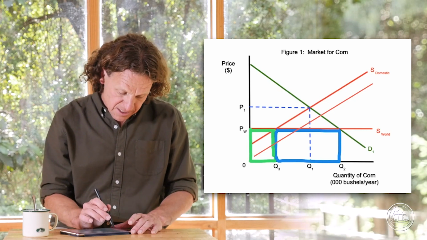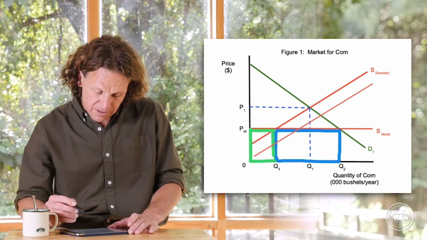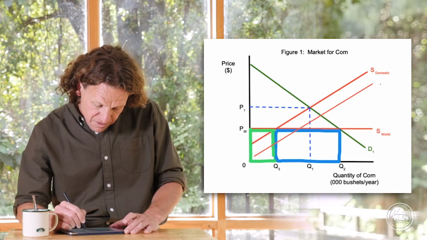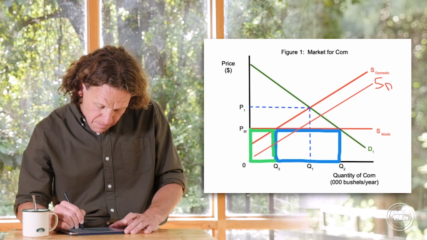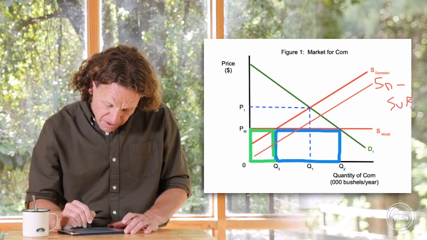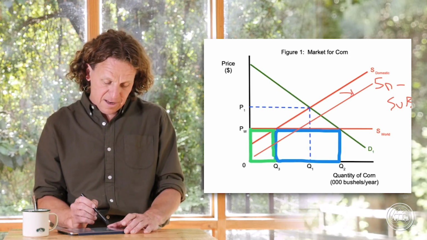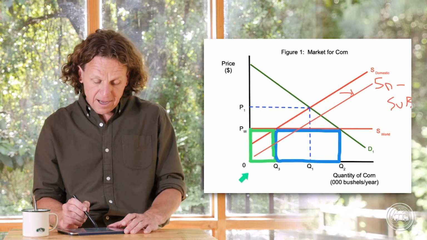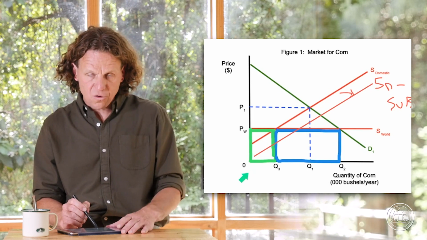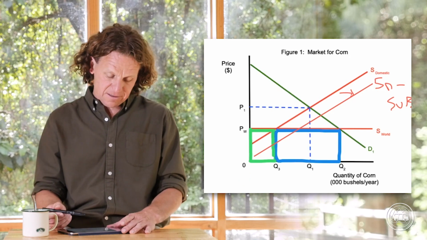So what happens? This then, and I have it, like the other videos, I'm going to clean this up in a little bit. But this is now going to be S domestic minus the subsidy, right? Because this is an outward movement of the supply curve. Okay, now that's going to have significant impact, right, on who actually produces the corn and where the revenue comes from. Okay, so let's look at the next slide.